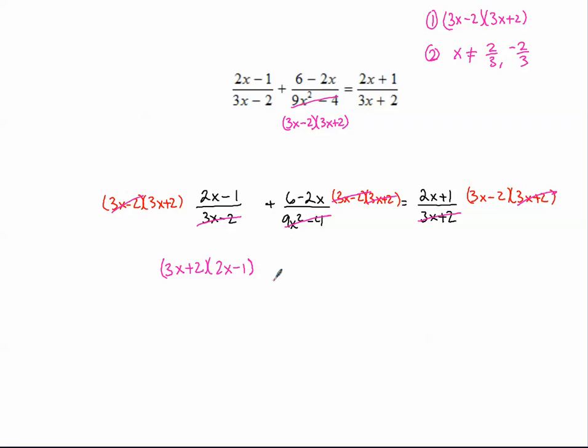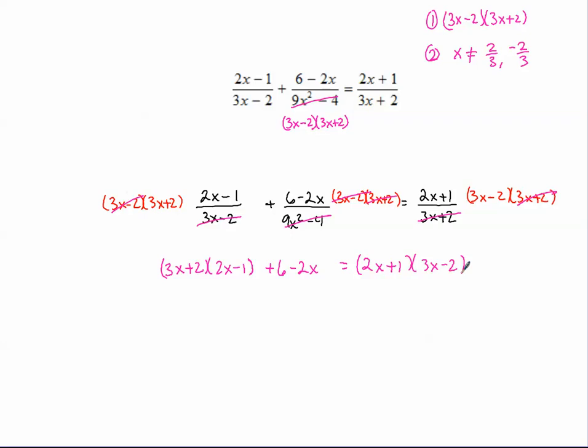From our second term, 6 minus 2x, and doesn't get multiplied by anything because those all cancel out, equals, I have the 2x plus 1. And what's left over from our LCD is just the 3x minus 2. So I want to multiply by 3x minus 2.